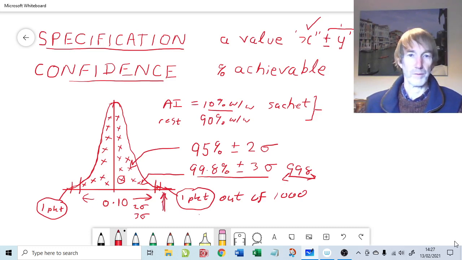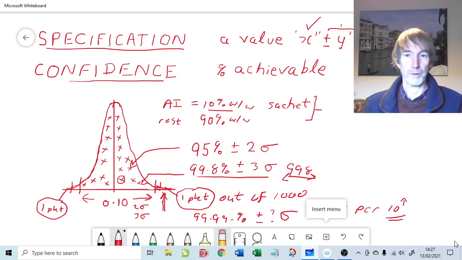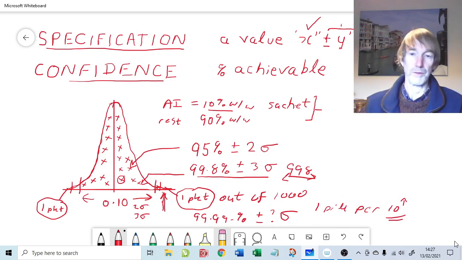Then you might need to go to something that's more like 99.99 and so on percent, which of course will be some other multiple of the standard deviation, and that will give us one pill not in 1,000, but per 10 to the power of many lots. So we'll have a confidence there that we won't be poisoning people, other than that unlucky person who gets that one pill in a lot, and of course we want to make that a big lot.